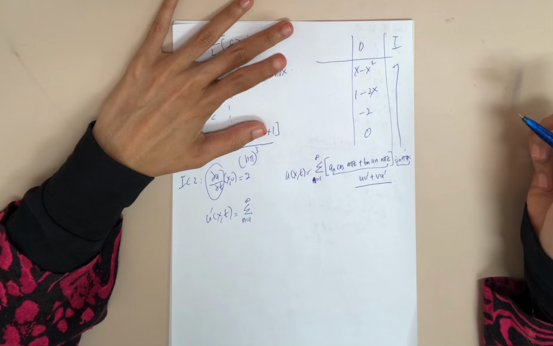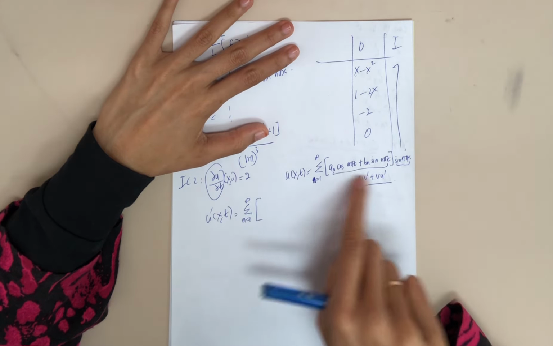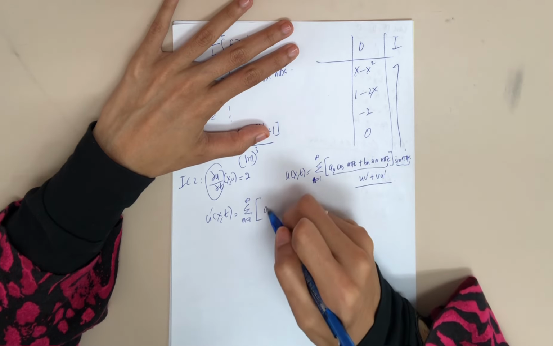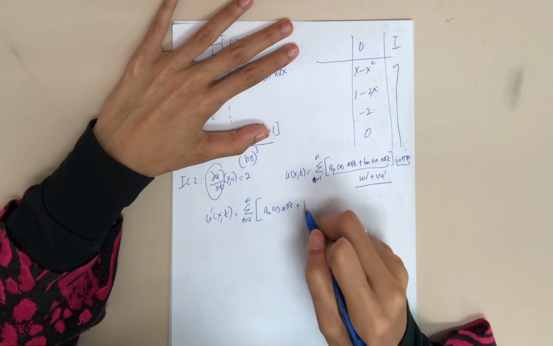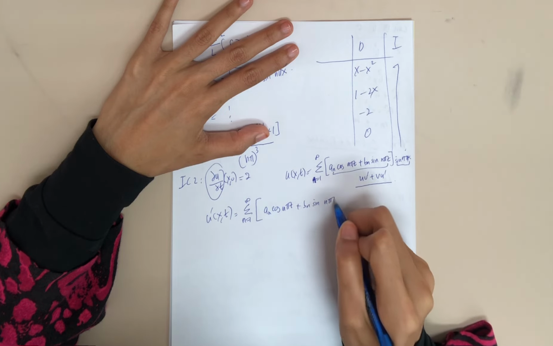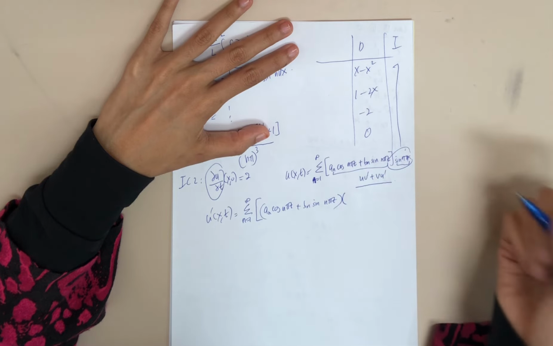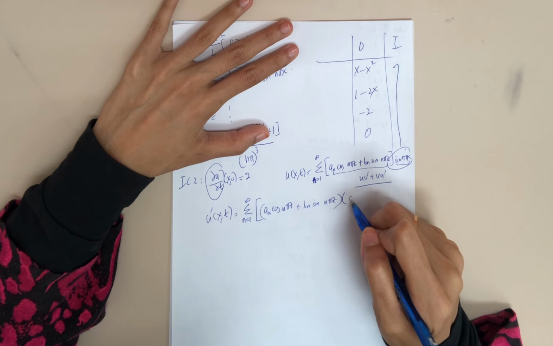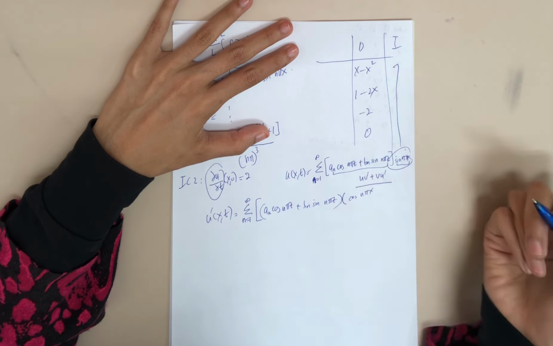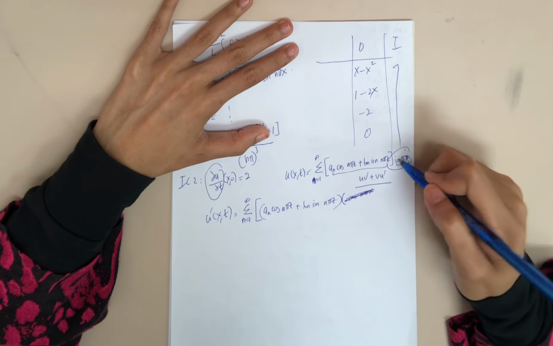So therefore you should get, okay, let's do it one by one. So let's say this is u: a n cos n pi t plus b n sin n pi t. Okay, this is u. And then v prime. So this is v prime, and this is v, sin n pi x, class.